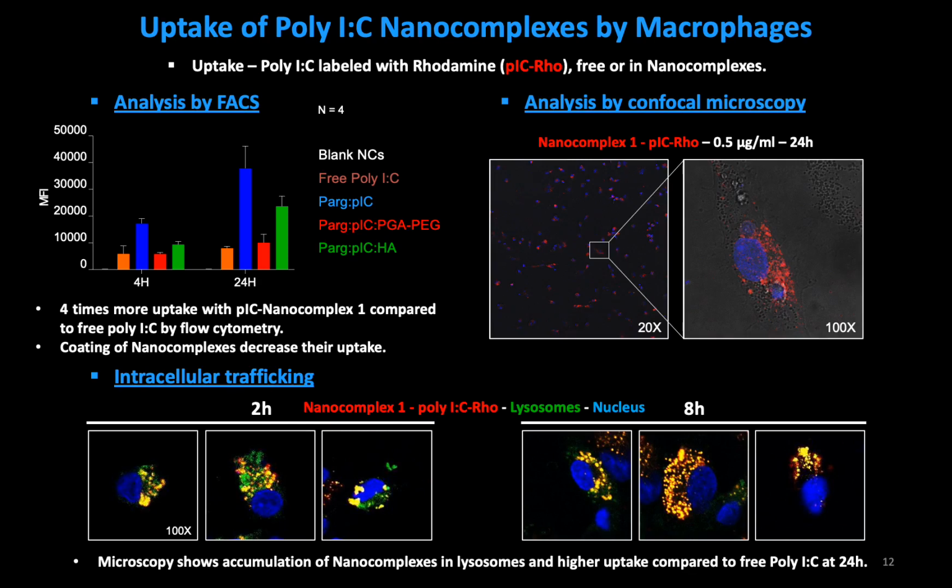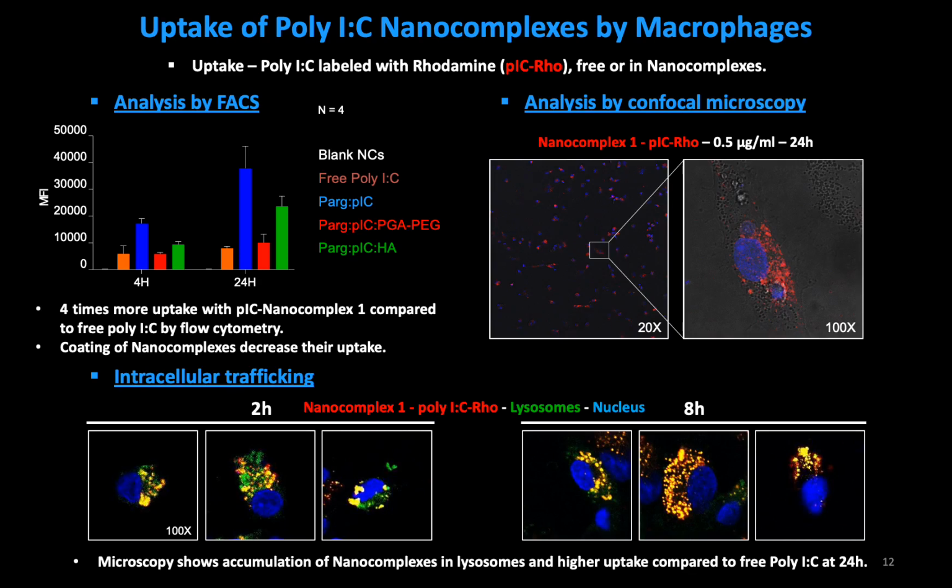When we treat the macrophages with the free poly-IC or the different nanocomplexes, we can see an increase for the polyarginine poly-IC nanocomplexes versus the free poly-IC, which is prevented in the case of the coating with PGA-PEG and partially prevented by the coating with hyaluronic acid.